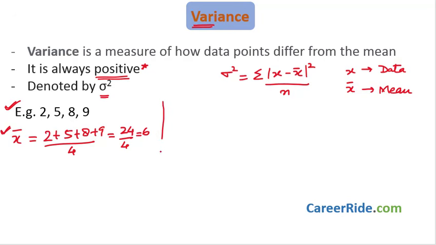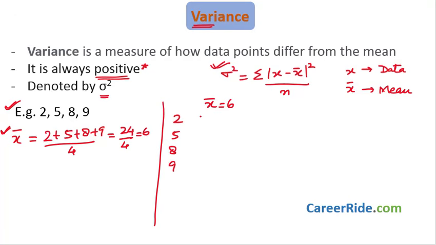Now, how to calculate the variance from here? The data given to us is 2, 5, 8 and 9, and my mean, x bar, is equal to 6. From the formula that we wrote, x minus x bar is the first thing that we have to find out, and then we have to square it.